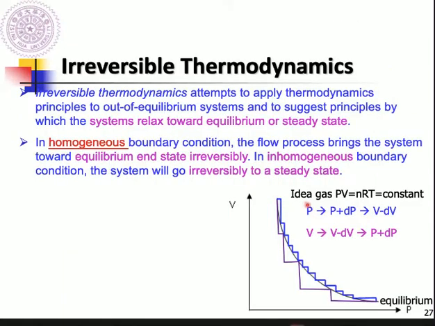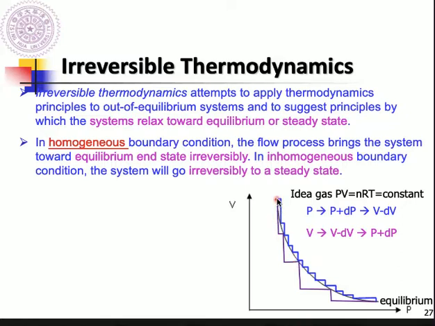Ideal gas always obeys the ideal gas law, which is PV equals nRT equals constant. So if you plot the volume versus the pressure, then you get the black curve. And each state on this black curve is an equilibrium condition.